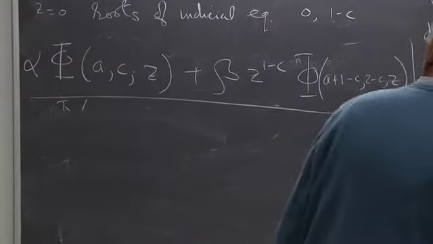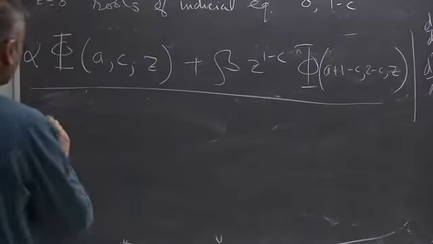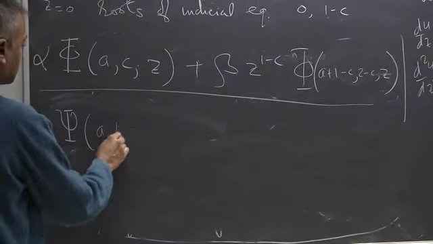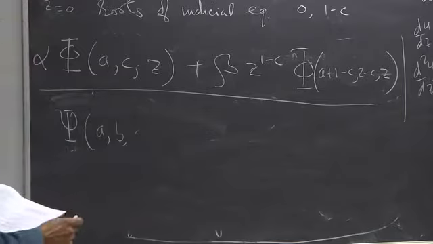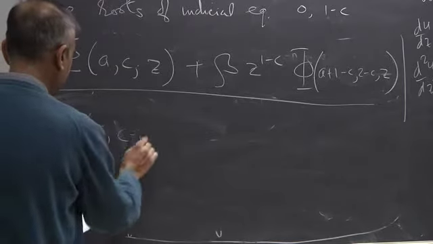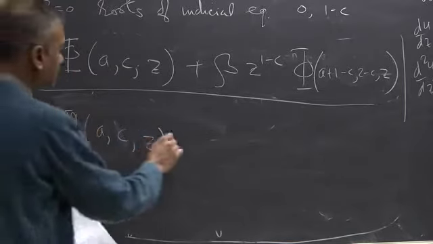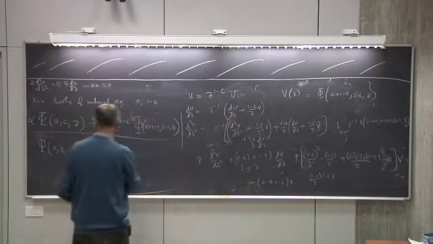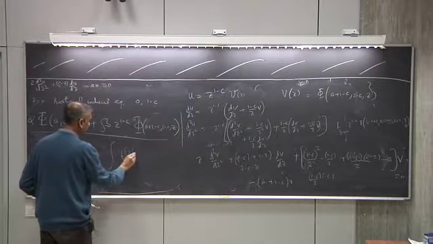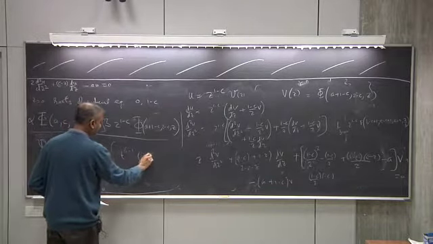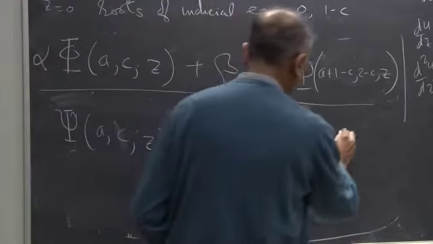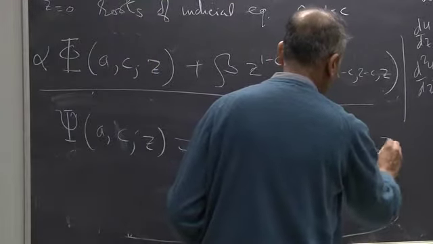So what you can do is define another solution, psi of a, c, z, which I will define through the same integral: t to the a minus 1, t minus 1 to the power of c minus a minus 1, e to the zt.